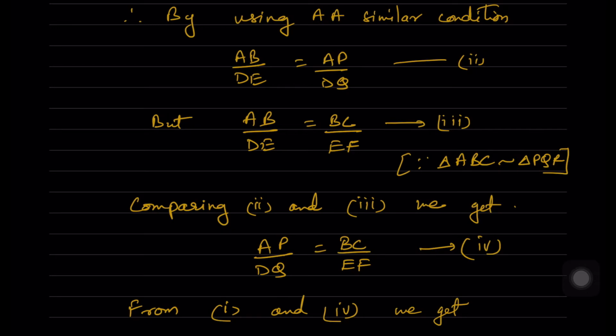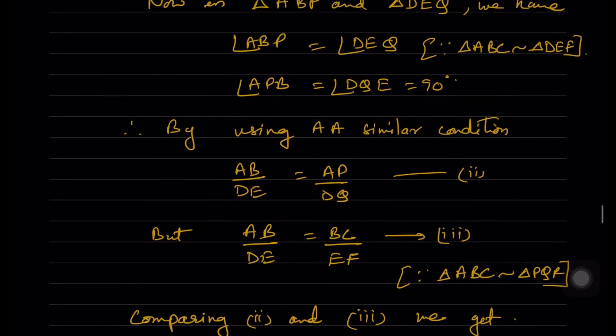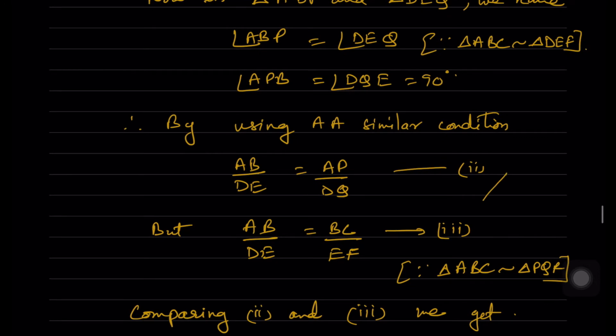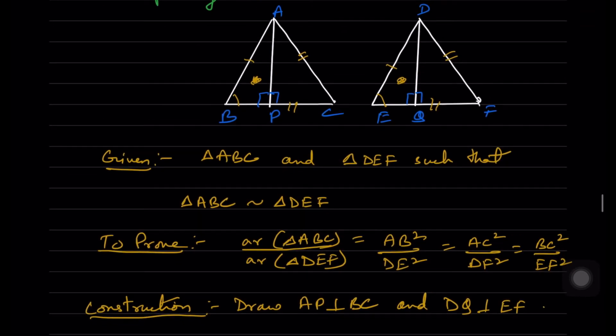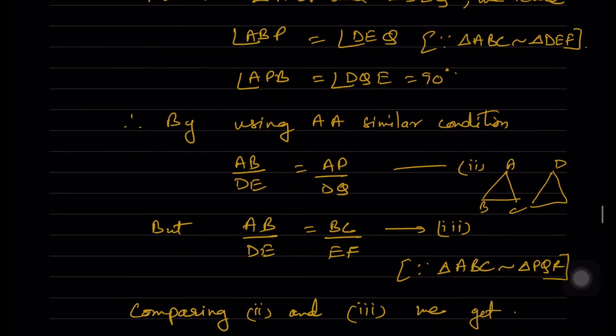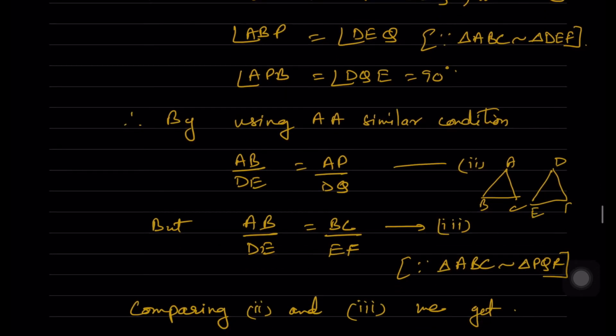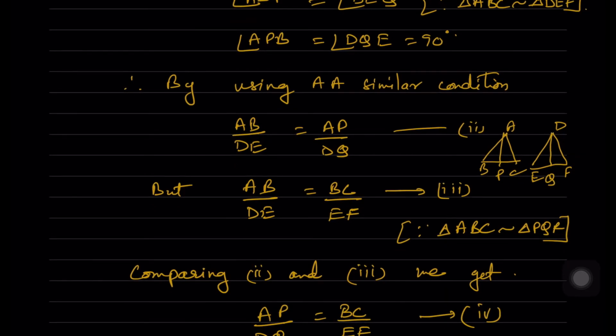So at each and every point, if you want, we can draw the diagram and see, so that you can have a clear vision of it. This is ABC and this is DEF. This is P and this is Q over here. So you can see that by using the AA similarity condition, AB by DE is equal to AP by DQ.